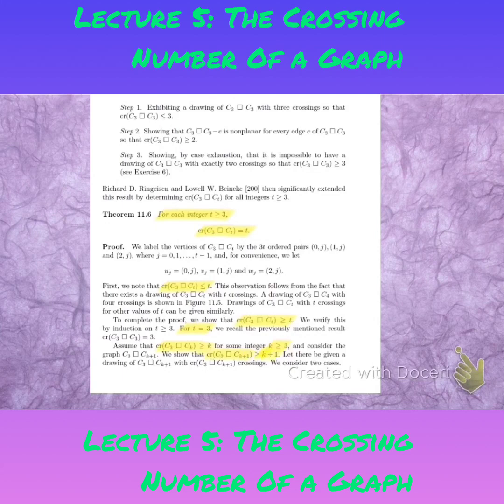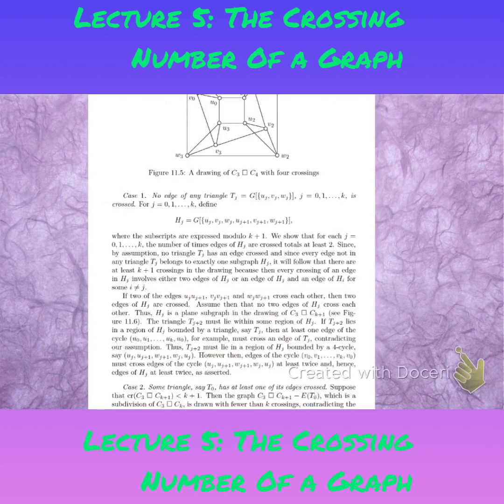So what you're going to do is take C3 Cartesian with C(k+1). We're going to look at the structure of the graph, and then we're going to look at the number of crossings. The two cases they consider are as follows.